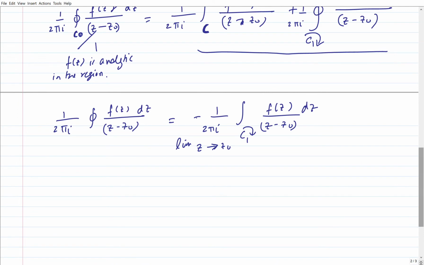So putting this clockwise to anticlockwise, I'll change the integral sign. So what do I get?